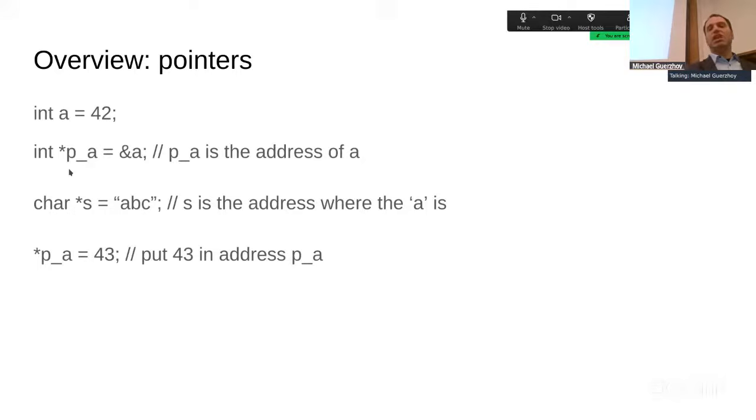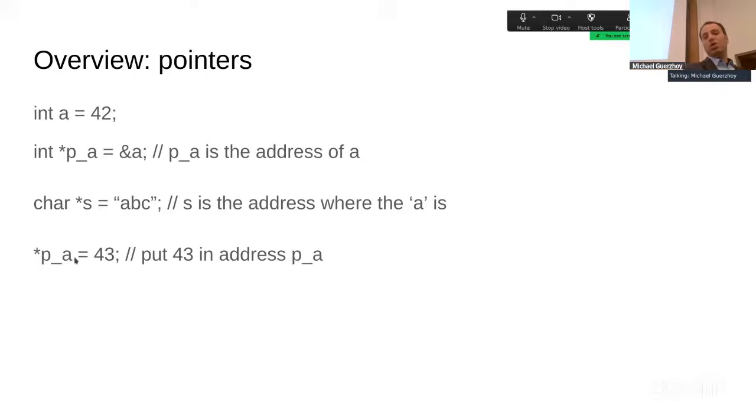You now say the variable PA is going to have the address of A. So here, that's the same kind of thing. S is the same kind of thing as PA. They're both addresses. It's just that when you initialize with a string literal, ABC gets stored somewhere, and then S is actually the address of where A is.